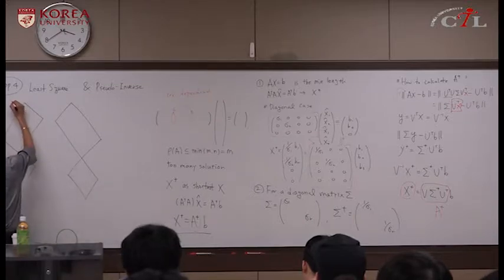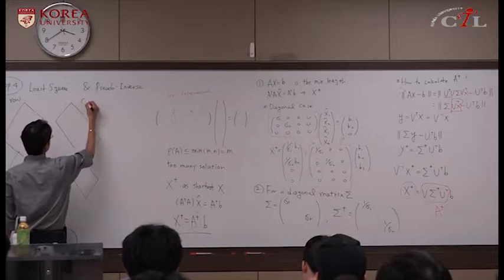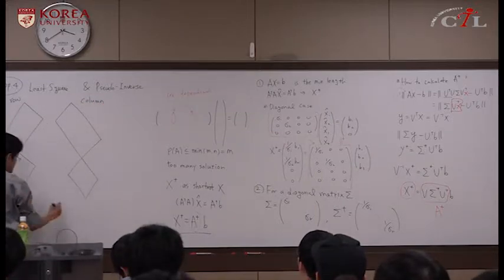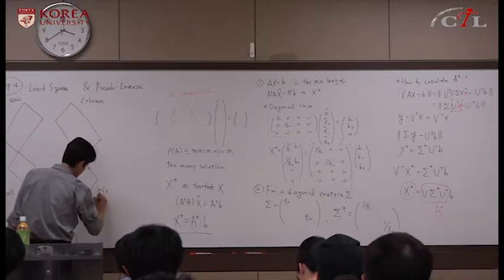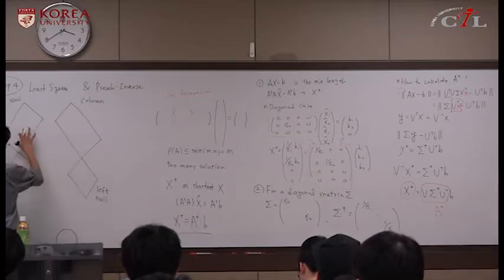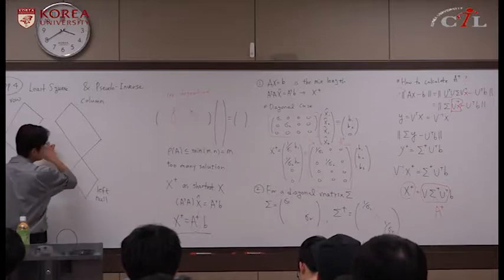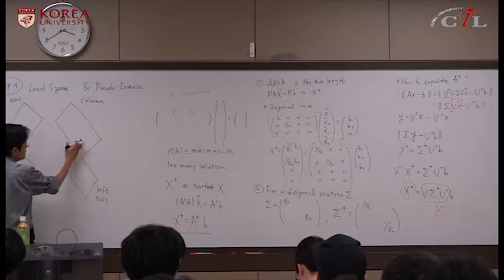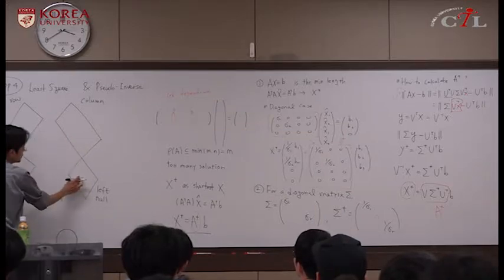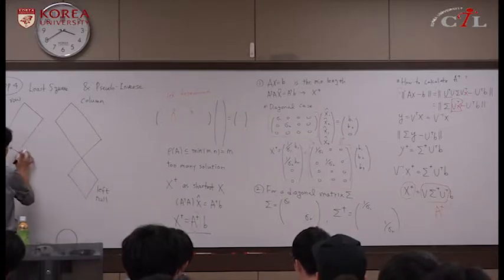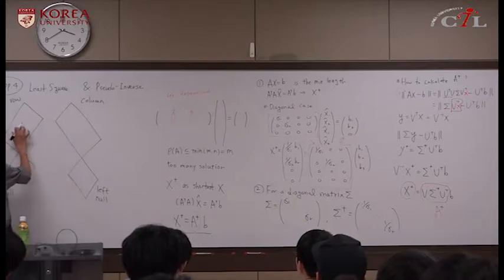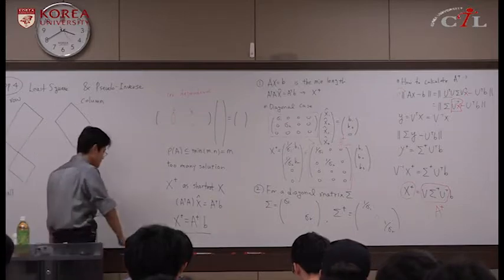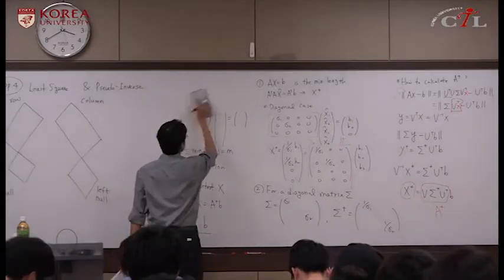Originally this is the row space, this is the column space, this is the null space, this is the left null space. So the original diagram starts from here and goes to here. But the pseudo-inverse is giving the inverse direction. So the left null component goes to 0 and the column component goes to the row space. So it's inverting the direction. Let's see that step by step.